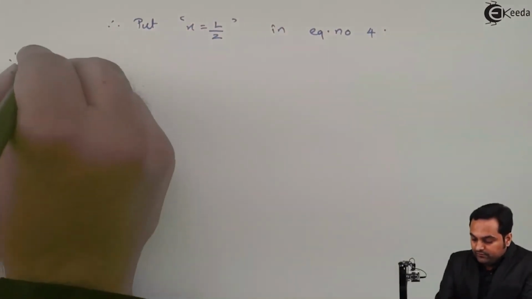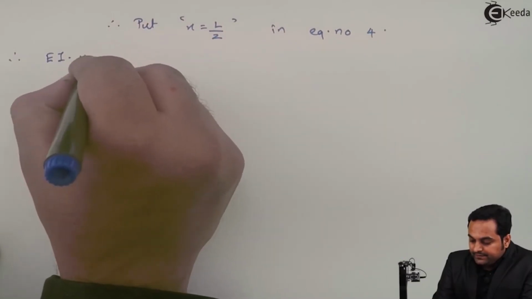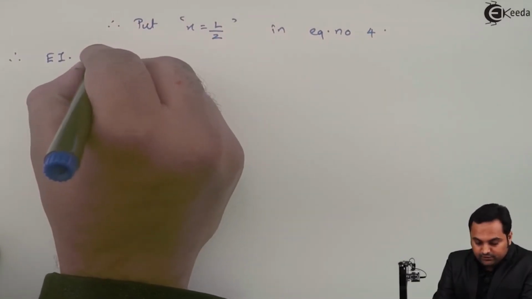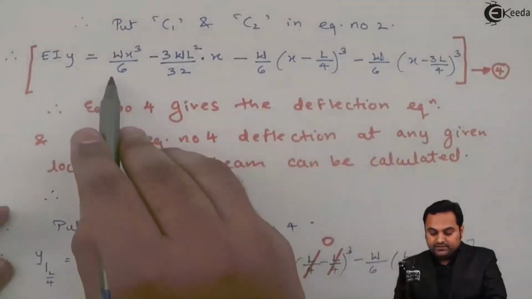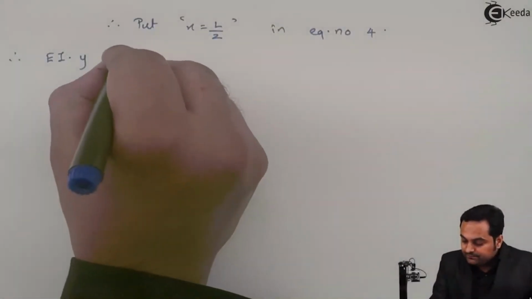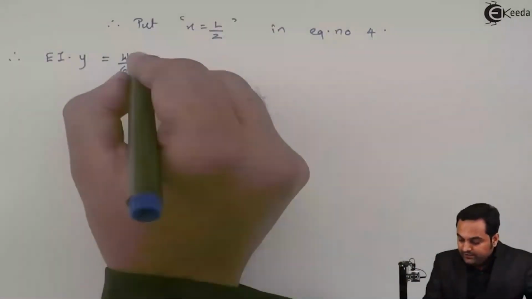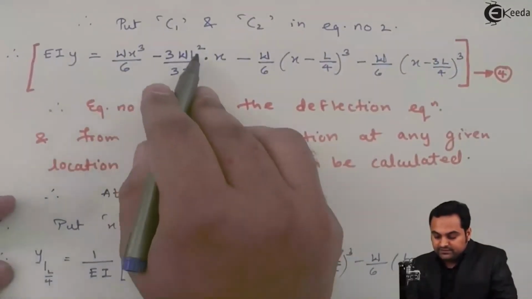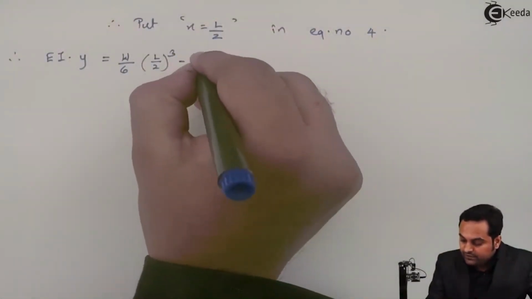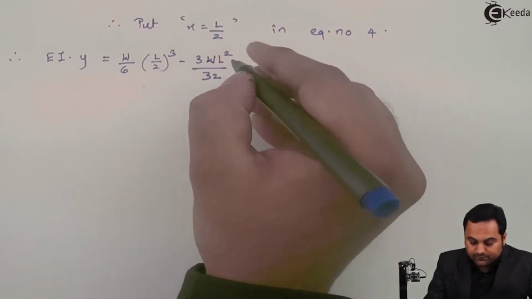So here we have EI into y, equal to, in equation 4, I am keeping the value, W by 6 will remain as it is. It is x cube, so L by 2 cube minus this term 3 WL square by 32.